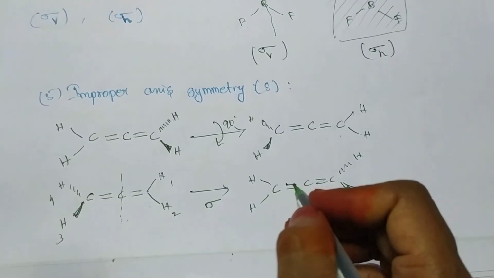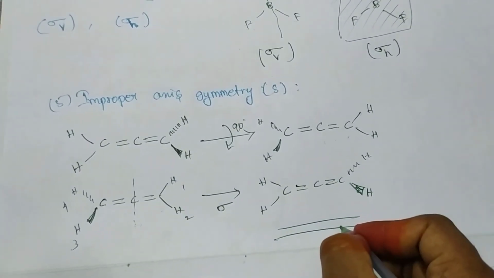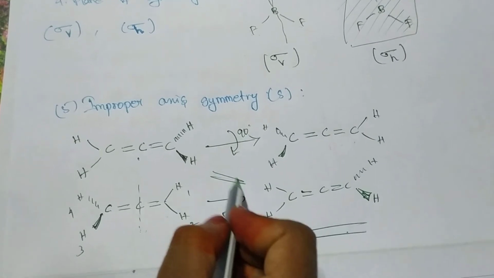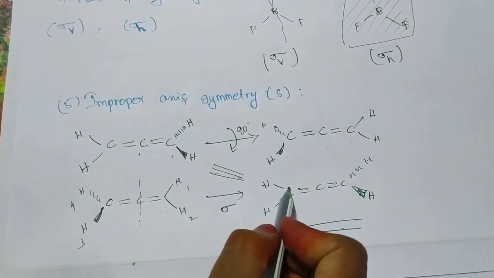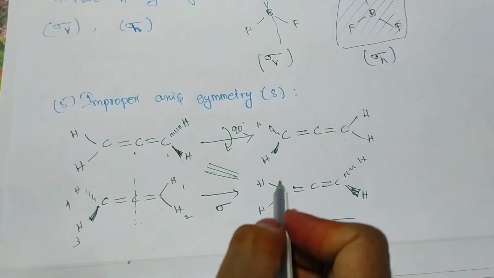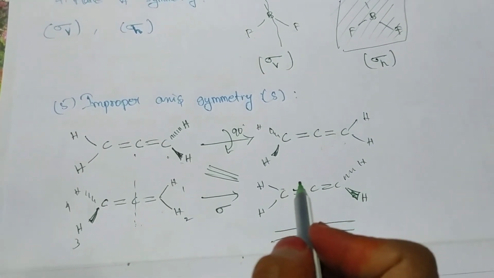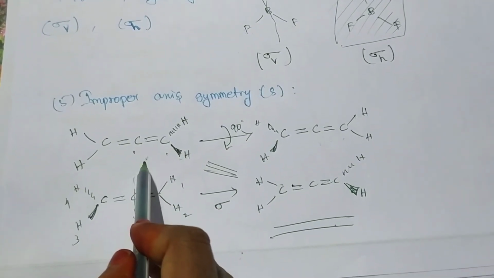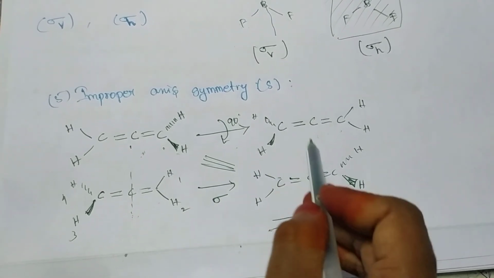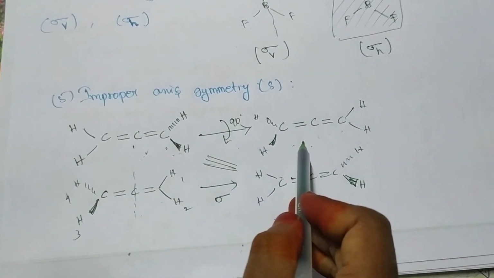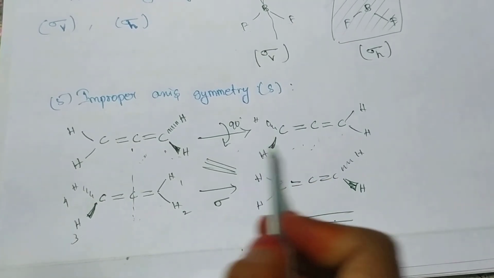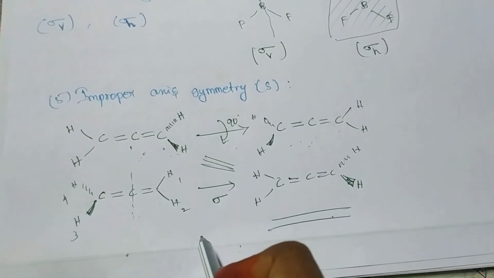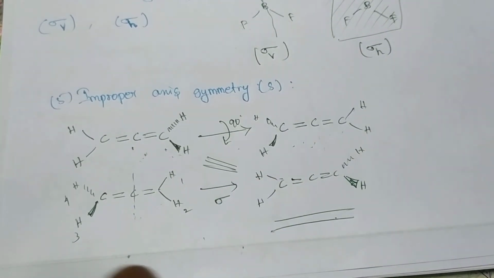This one is similar to this one. So there is an improper axis of symmetry. Improper axis of symmetry is nothing but, we take this example, we rotate 90 degrees, and we get the mirror image of this molecule. This is perpendicular to this axis of symmetry. So we get an improper axis of symmetry.